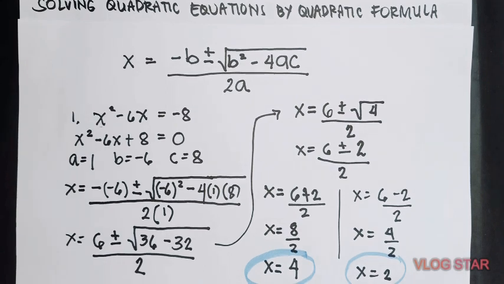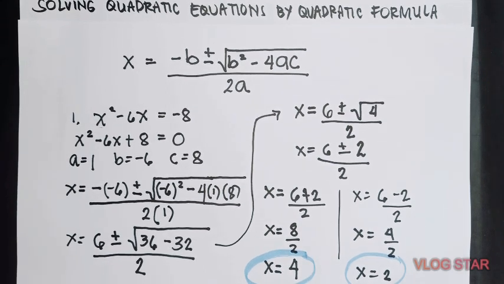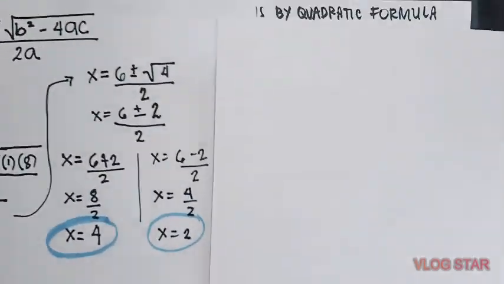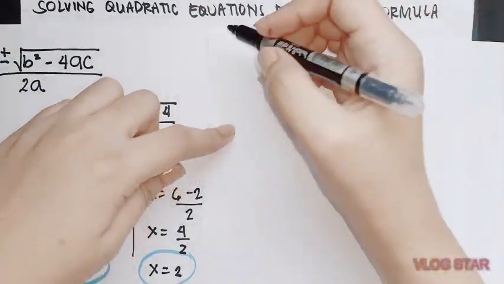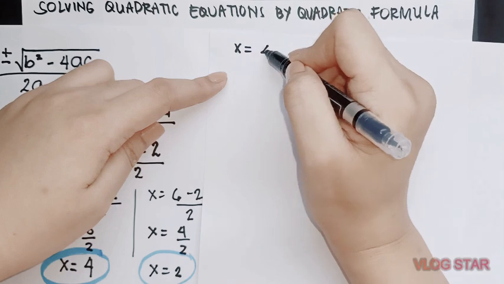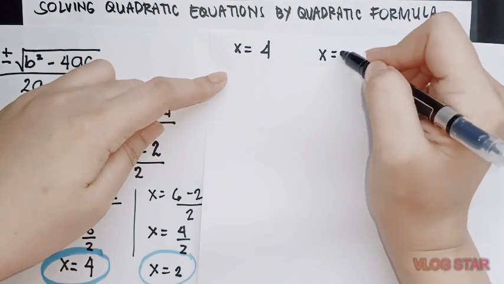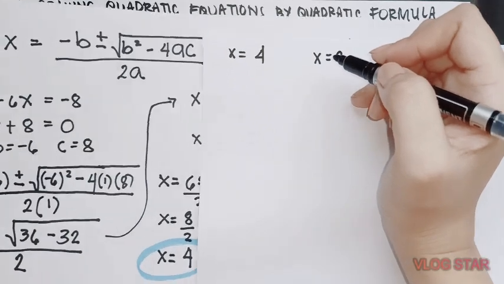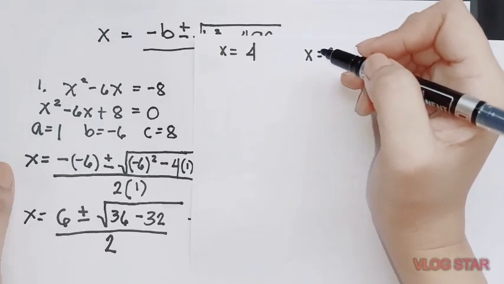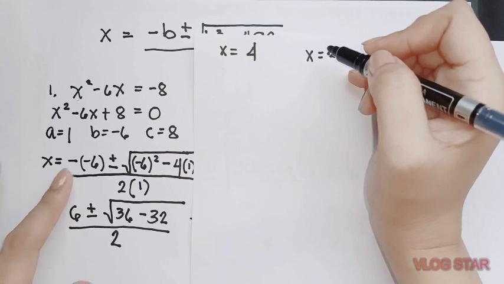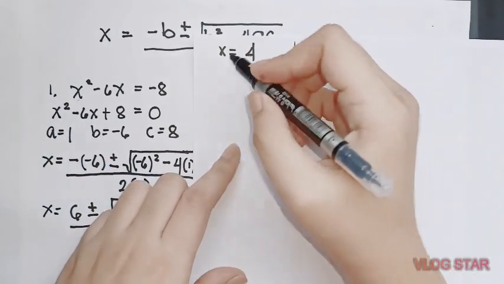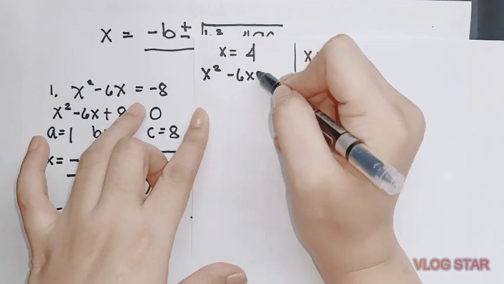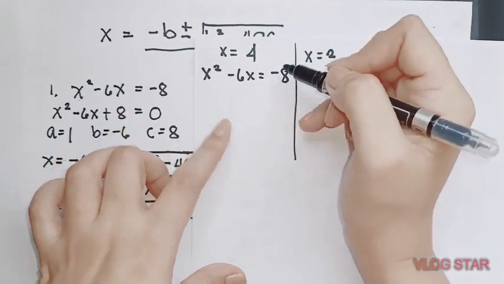Let us check if our answer is correct. Again, the values of x are 4 and 2. Let's check if 4 and 2 are the solutions to the equation. Let's copy the equation: x squared minus 6x equals negative 8.